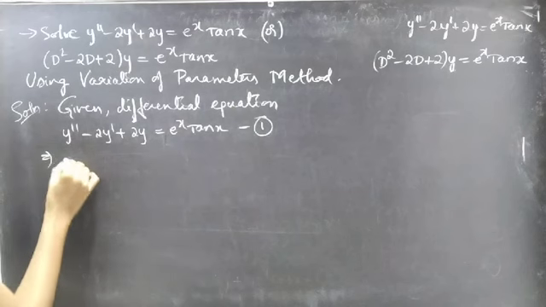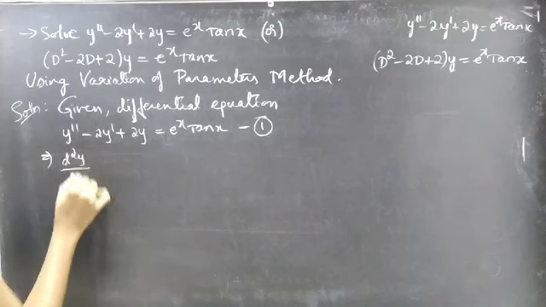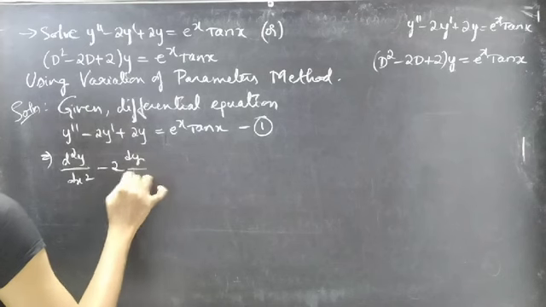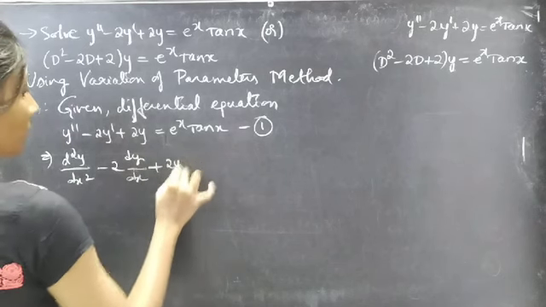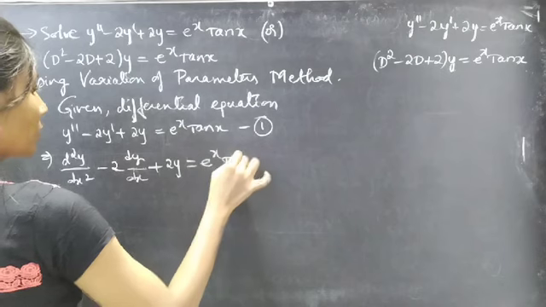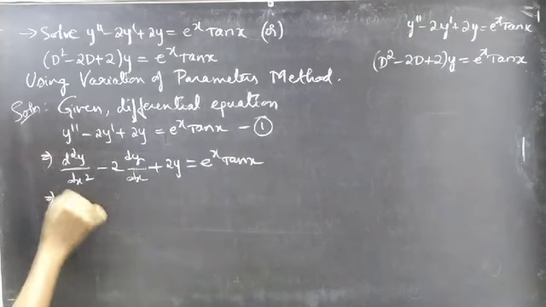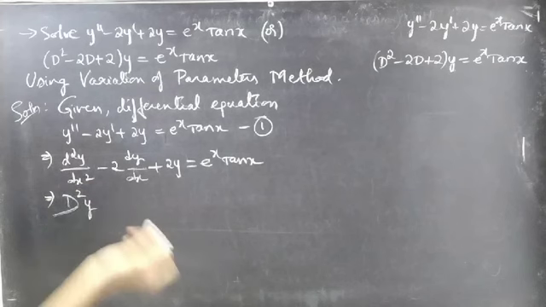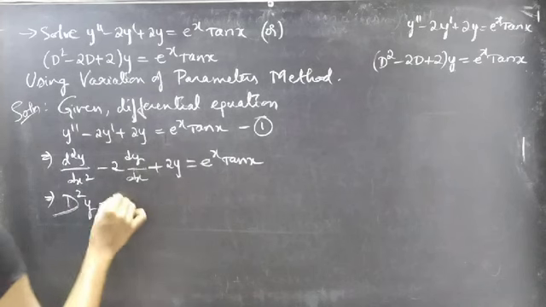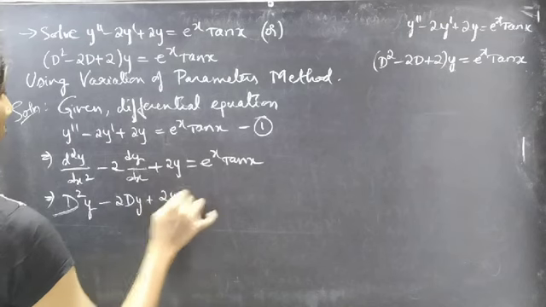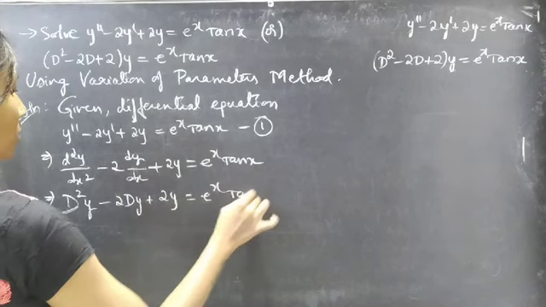We can write y double dash as d square y by dx square, minus 2 into y dash as dy by dx, plus 2y equal to e power x tan x, right? We can write d square y by dx square as capital D square y. Here D is a differential operator. Minus 2 into dy by dx as capital Dy, plus 2y equal to e power x tan x.